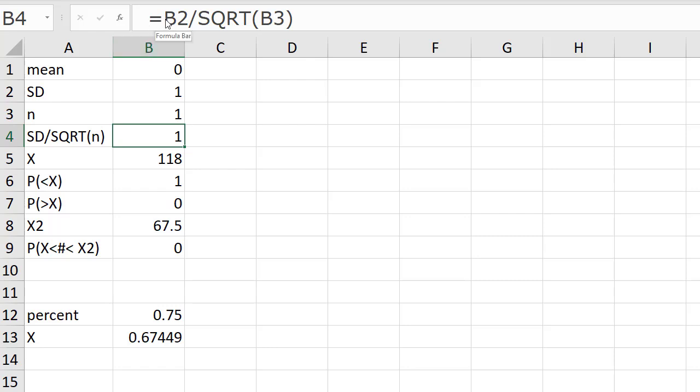So we're going to make it B2 divided by the square root of B3, because that's my standard deviation divided by the square root of my sample size cells. So that's going to give us that computation later. This is just a fill in the blank.